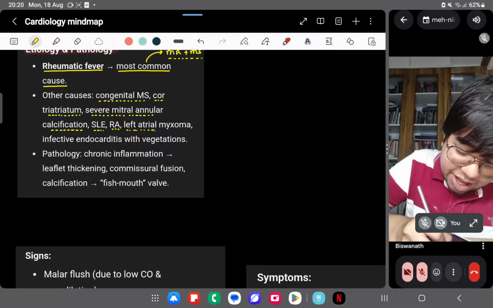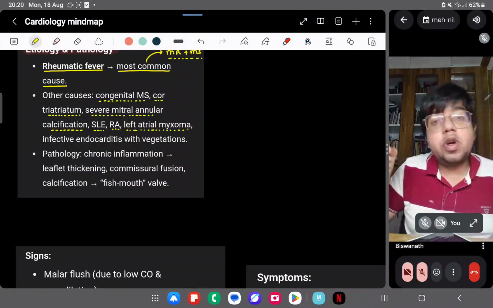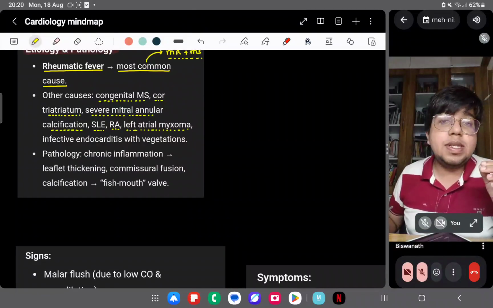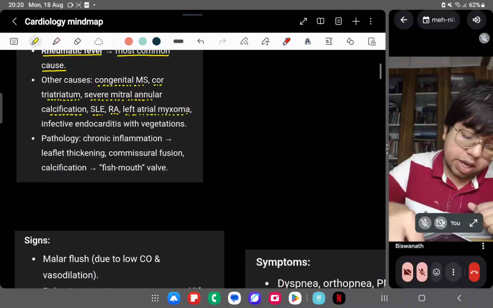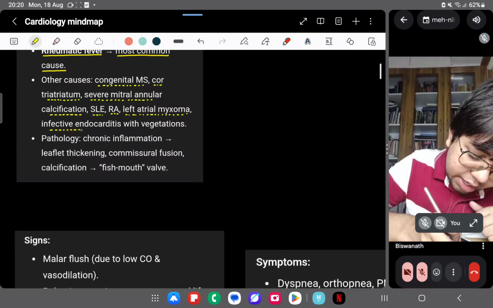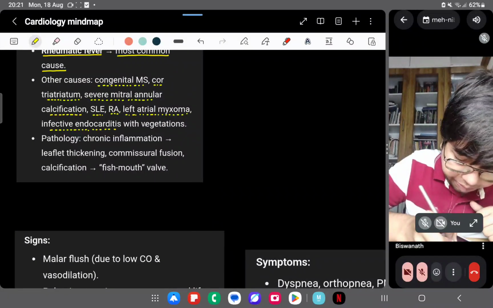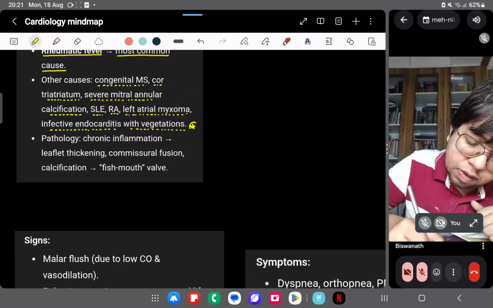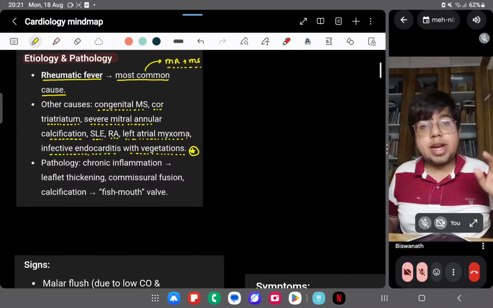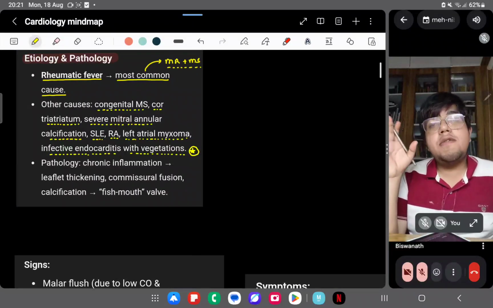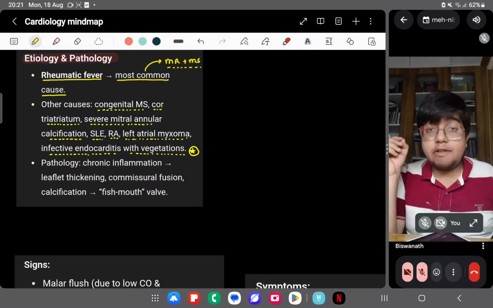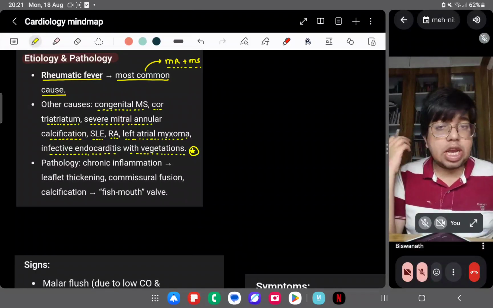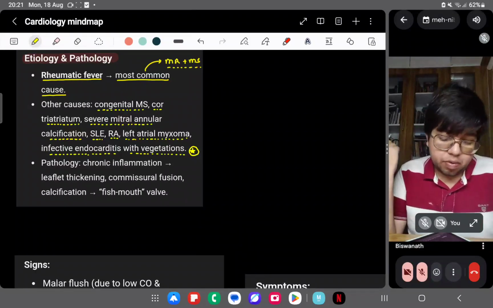Left atrial myxoma, it can be associated with atrial tumors like left atrial myxomas. Infective endocarditis with vegetations. So this is what Harrison writes of the causes of mitral stenosis. If you have a theory exam, just enumerate all these causes and you're ready to go.